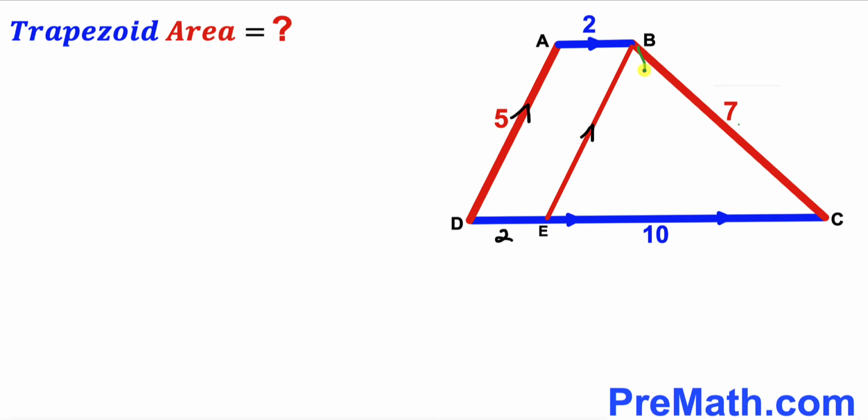Likewise, side BE length is equal to side AD length, which is 5, so this is 5 units. Furthermore, we know CD length is 10 units and DE is 2, so CE has got to be 10 minus 2, which gives us 8 units.